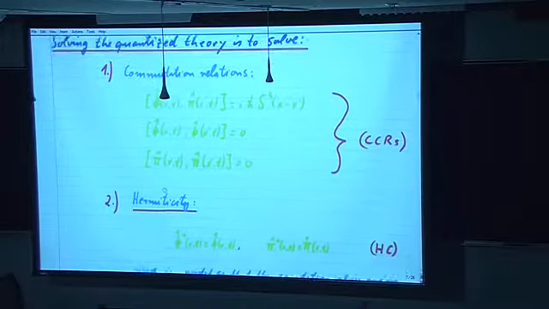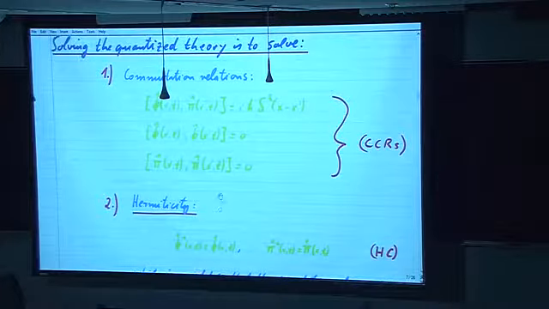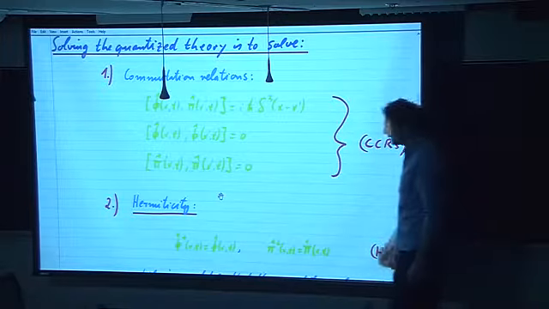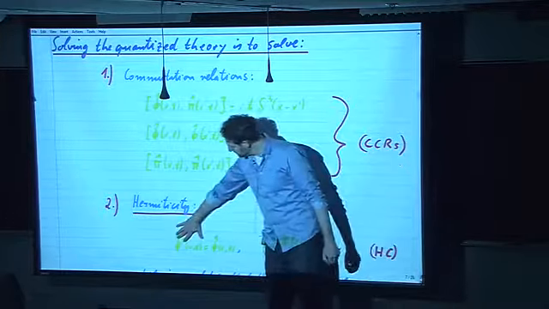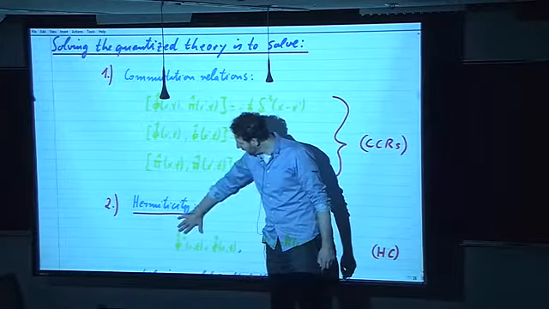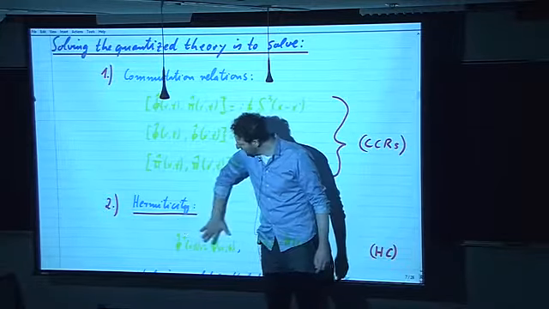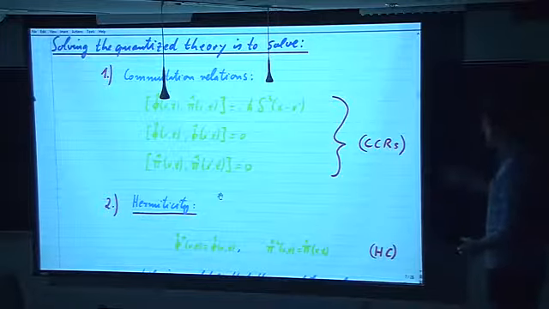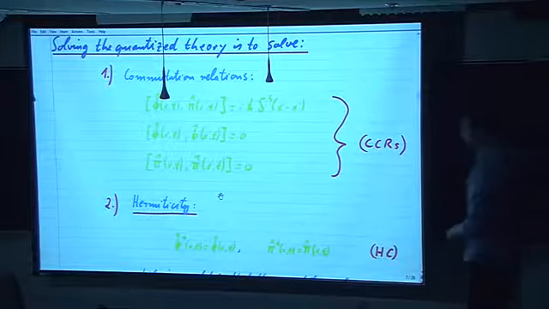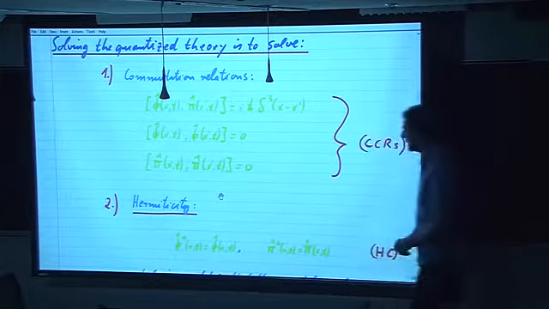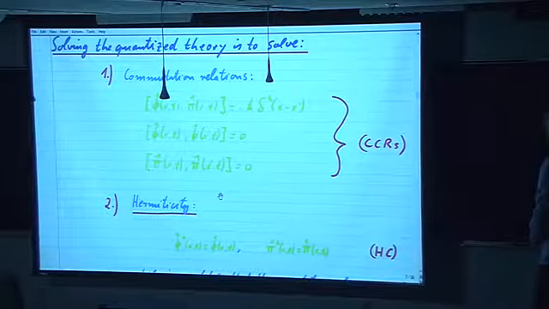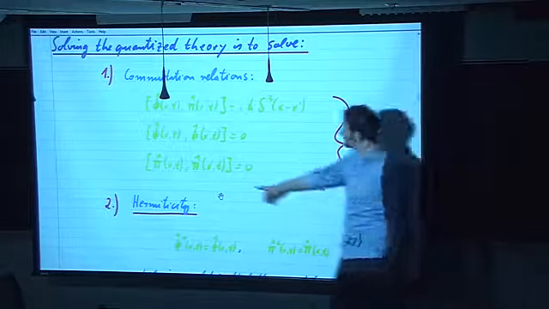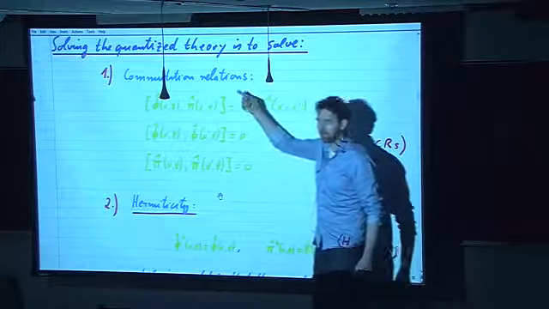And the second job is to make sure that these operator-valued fields as functions of space and time are Hermitian, that they're formally self-adjoint as operators. For every x and t, this should be a self-adjoint operator, and the same for the canonically conjugate momentum fields. And remember that the pi field is not phi dot here, it's this complicated thing.